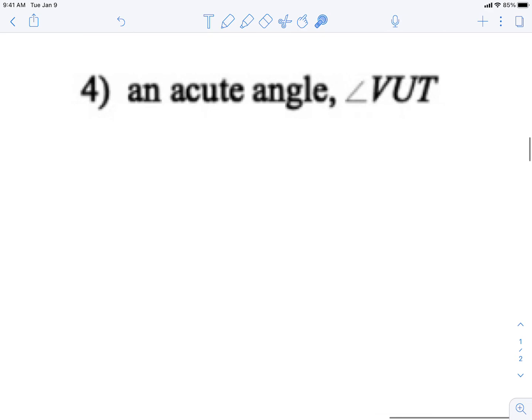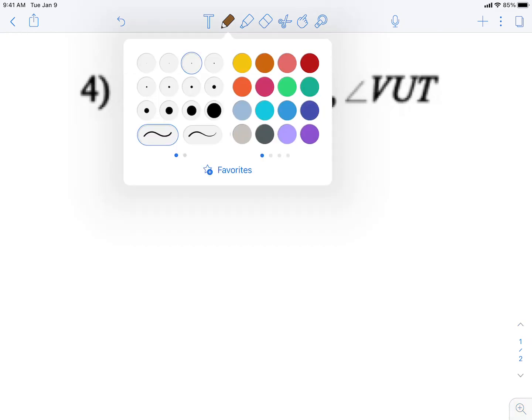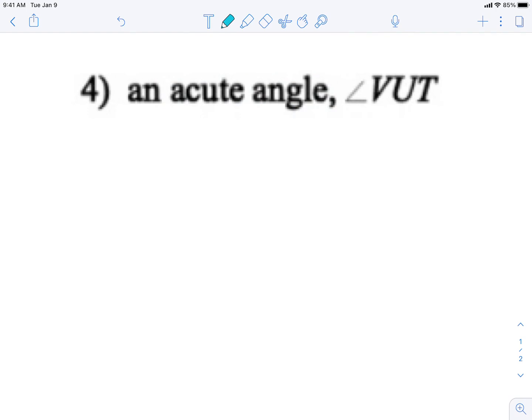Finally, last one, right? We did obtuse, we did right, we did straight. Now we're going to do acute, right? So, acute, let me pick a different color here, aqua. So, acute goes like that, and then I do it like this. That was terrible. Let me do another one. There you go. There's an acute.